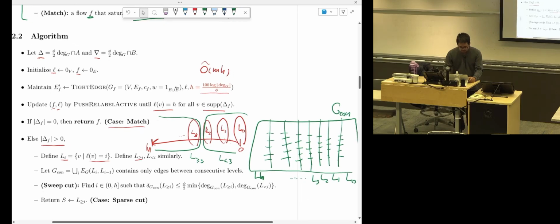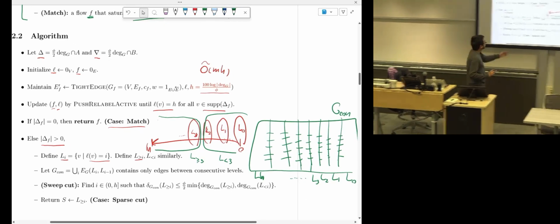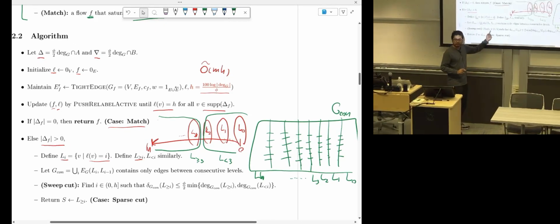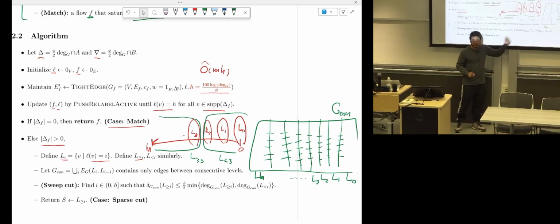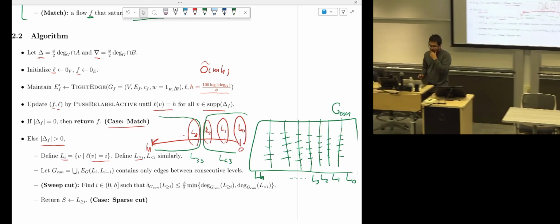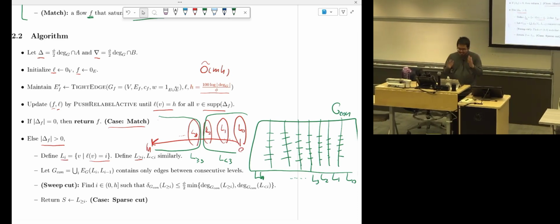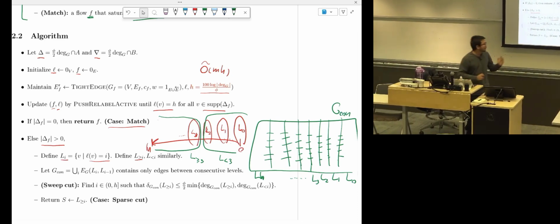And what we're going to do next is to find one layer i such that when you look at G-con, this cut is phi sparse in G-con.